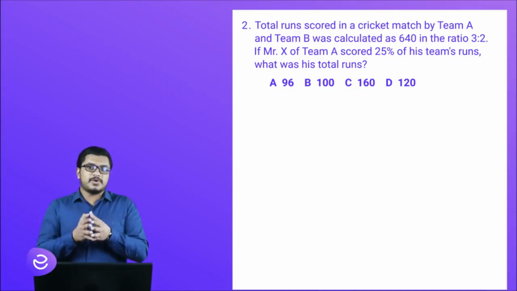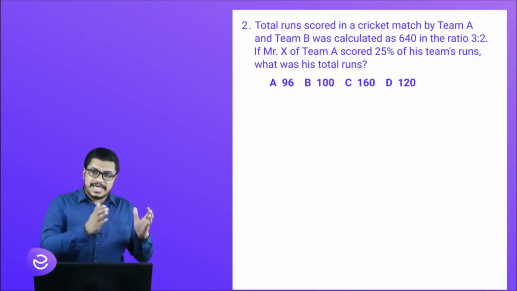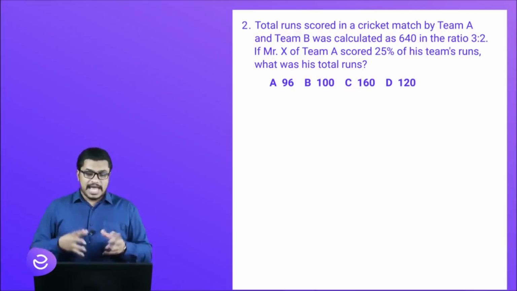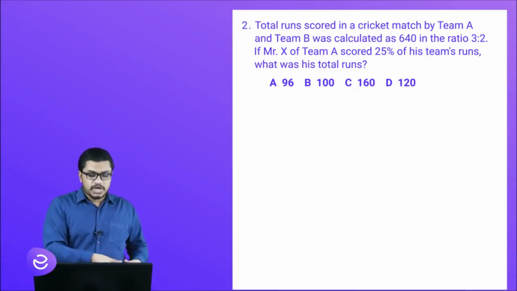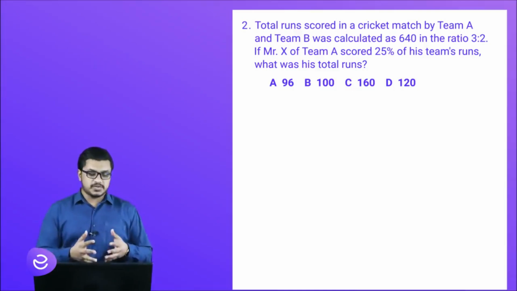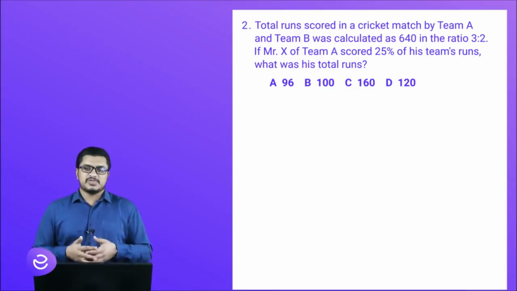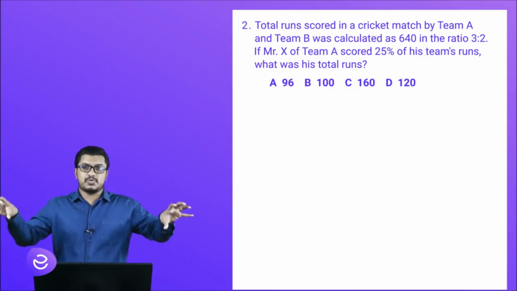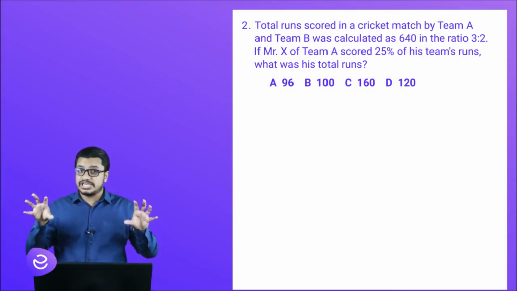So first we have to find out what score team A scored and how many runs team B scored. And out of team A's score, 25% was scored by Mr. X. So first we have to split this 640 in the ratio 3:2.